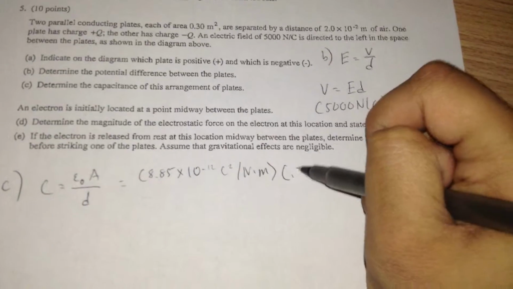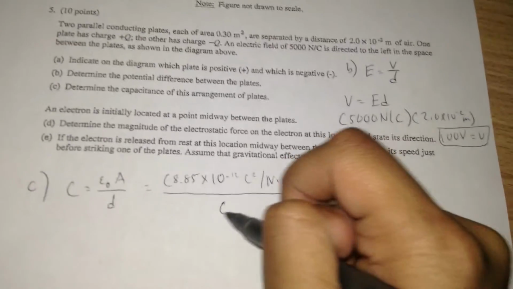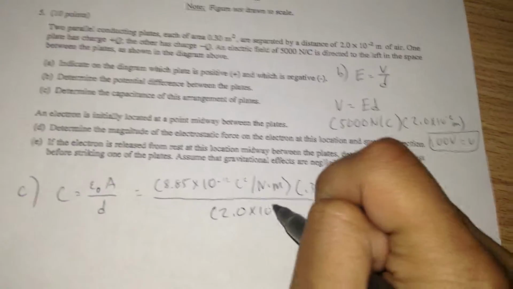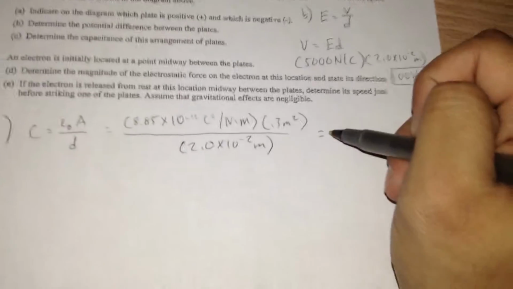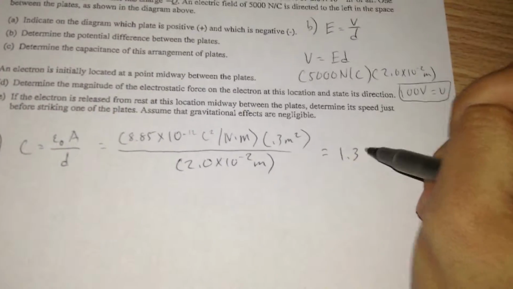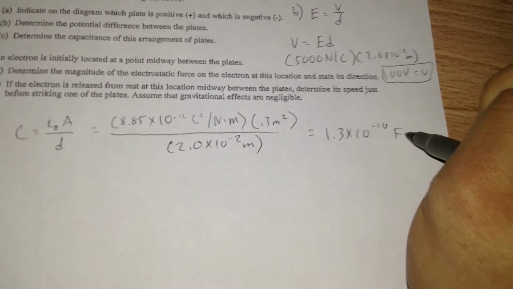We're going to multiply that by the area all over the distance, and our capacitance is 1.3 times 10 to the negative 10 farads.